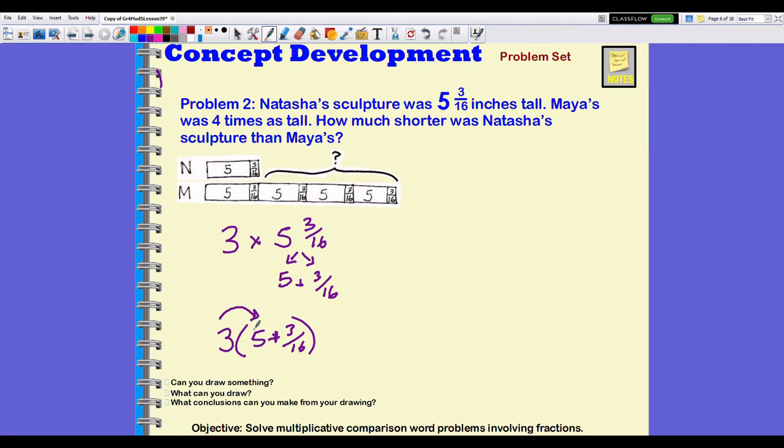So 3 times 5 is 15. And then 3 times 3/16 is going to be 9/16. So we know that Maya's sculpture is 15 and 9/16 inches tall.